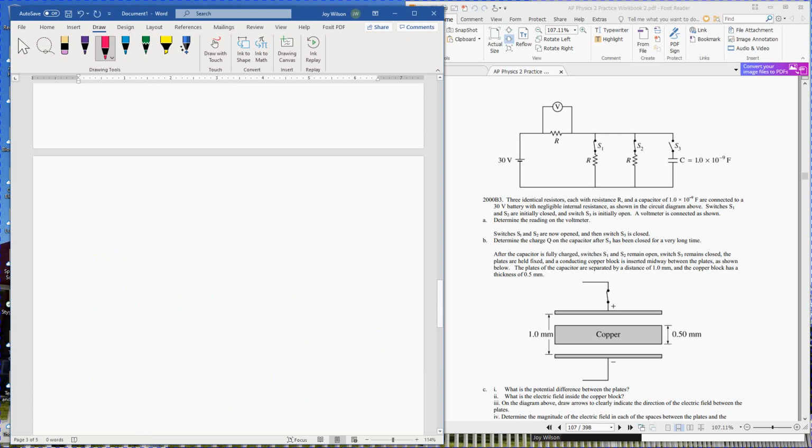Okay, so 3 identical resistors and a capacitor are connected to a 30-volt battery with negligible internal resistance. In other words, the battery is an ideal battery. It doesn't lose any energy while it's doing the chemical process. And switches 1 and 2 are initially closed. But 3 is open. A voltmeter is connected as shown. Determine the reading on the voltmeter.